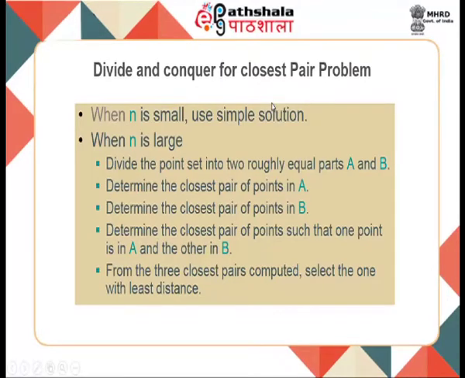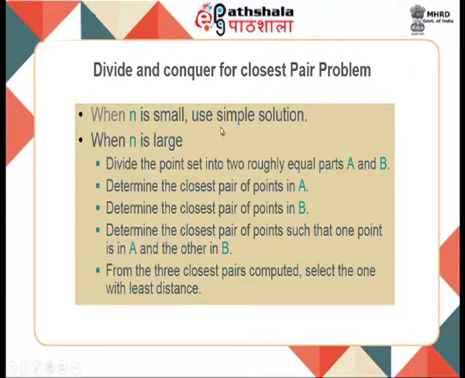Recollect that in divide and conquer, we take a problem and divide it into a number of sub problems, similar to the original problem but smaller in size. Then we solve all the sub problems, and when we combine their solutions, we get the solution of the global problem. The same strategy can be applied for the closest pair problem.